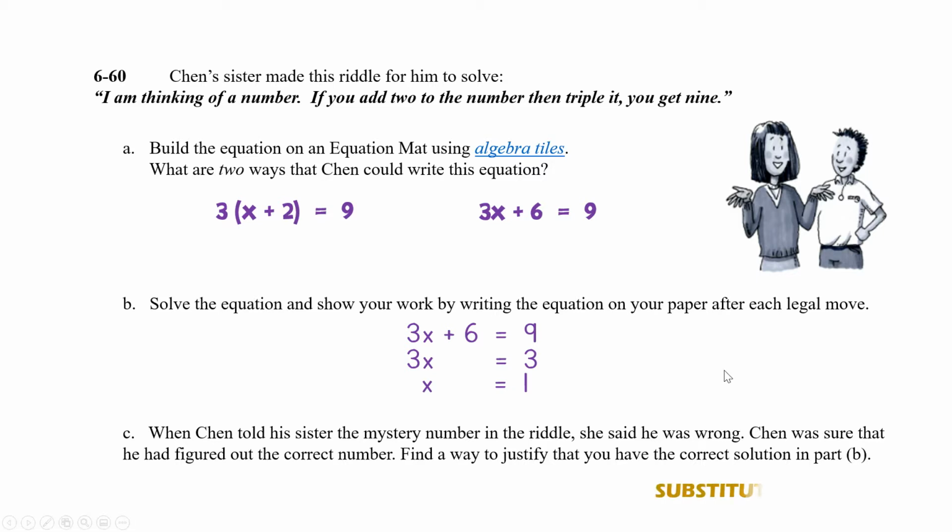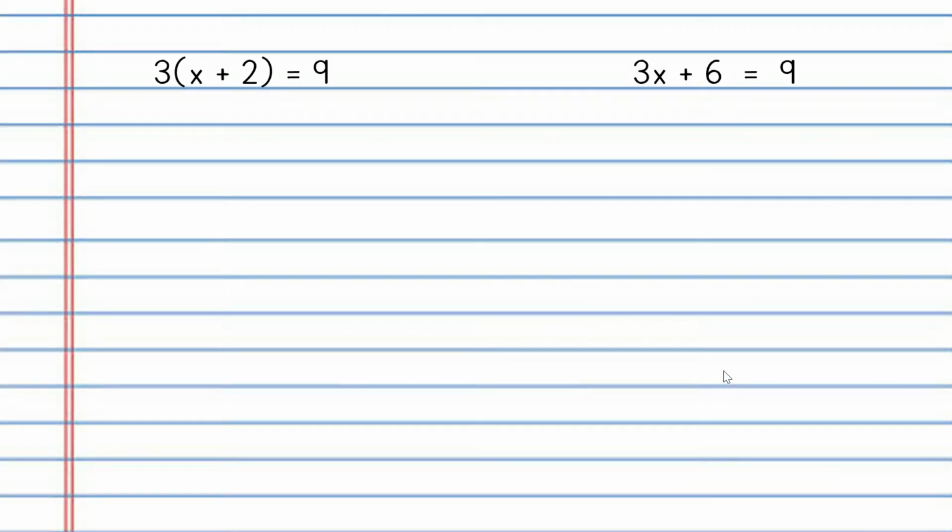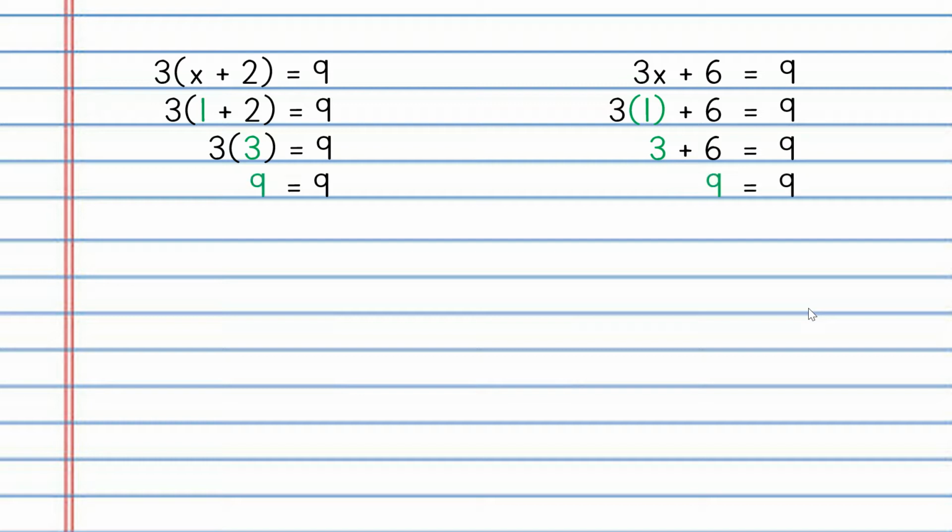So this is where that substitution is going to come in, okay? It doesn't matter which equation you choose. We're going to take our solution of x is equal to 1. We're going to substitute a 1 for the x in both equations. We'll apply our order of operations, and we'll end up with two true statements: 9 is equal to 9 and 9 is equal to 9.